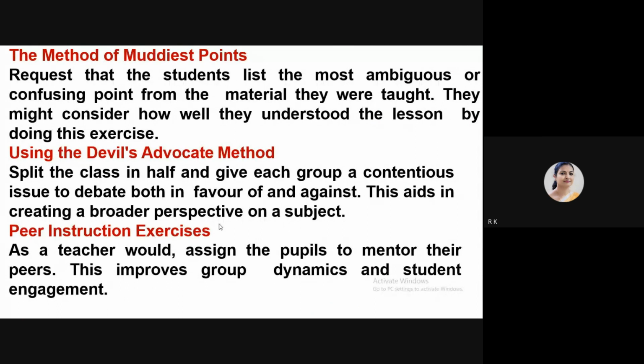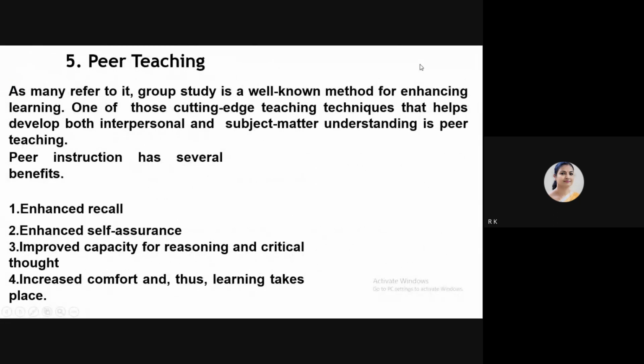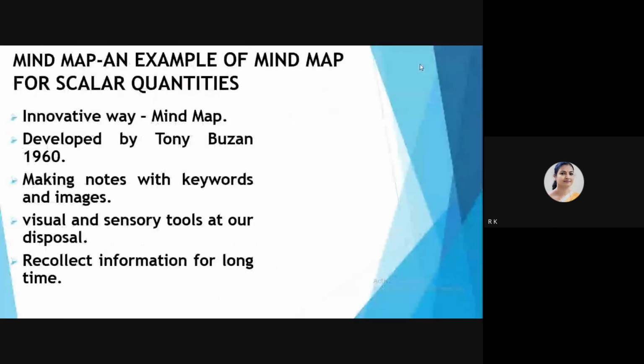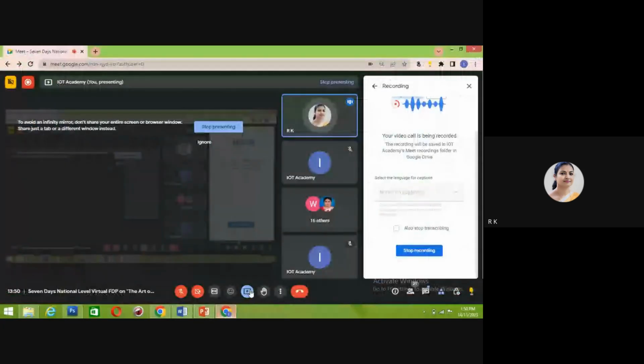The next one would be, I'm sharing now again, because I would like to go through the PPT. Ma'am, I will try to share. Is it possible? Yes, ma'am. I will share the presentation with the third and fourth methods, because there is also something called convergent and divergent thinking, and blended teaching methods. A lot of methods are there, but allow me to share so that I can share the PPT.